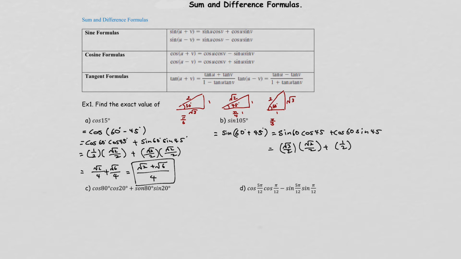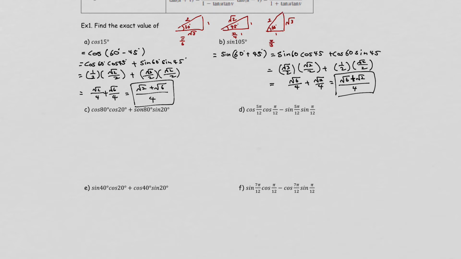Sine 45, same thing. And when you multiply, you get square root of 6 over 4 plus square root of 2 over 4. Because they have the same denominator, simplified into one fraction, you get square root of 6 plus square root of 2 over 4. You cannot add these two radicals because you have different square roots.